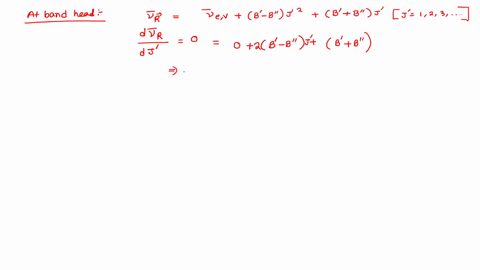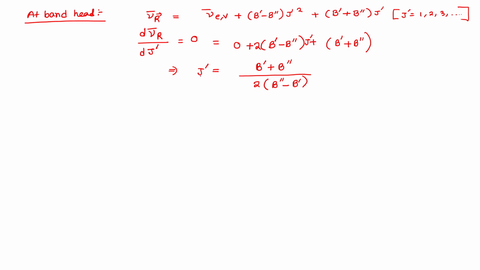So you are going to get some equation for J dash, that is B dash plus B double dash divided by 2 into B double dash minus B dash. Okay. If you have the spectra, then from the Fortrat diagram, you will be able to get the band head from the R band, and from there you will get the value of J dash where the band head is going to come, right?